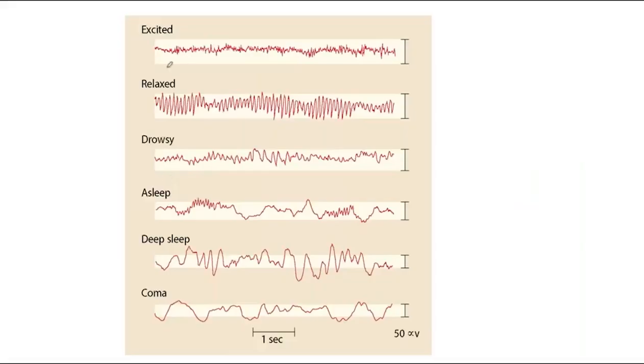And we know that these signals would be different based on the level of consciousness that we have. When we have higher levels of activation, most of the time we have a lower level of synchrony at the EEG level and a higher level of frequency.